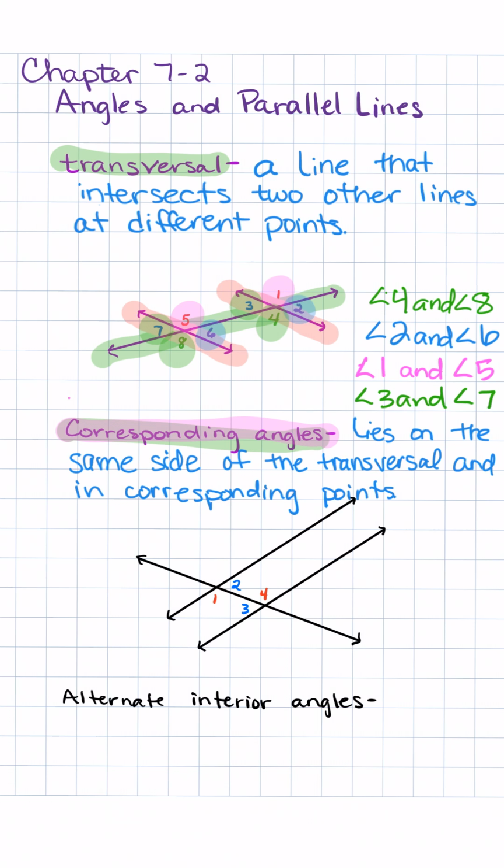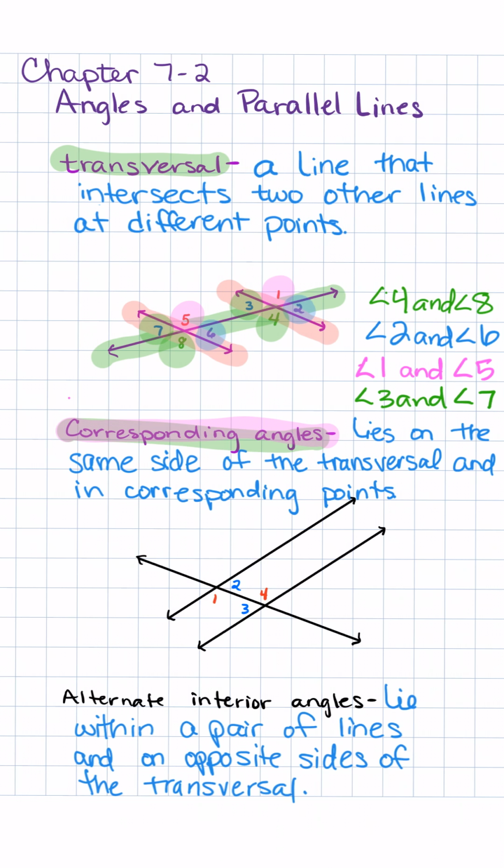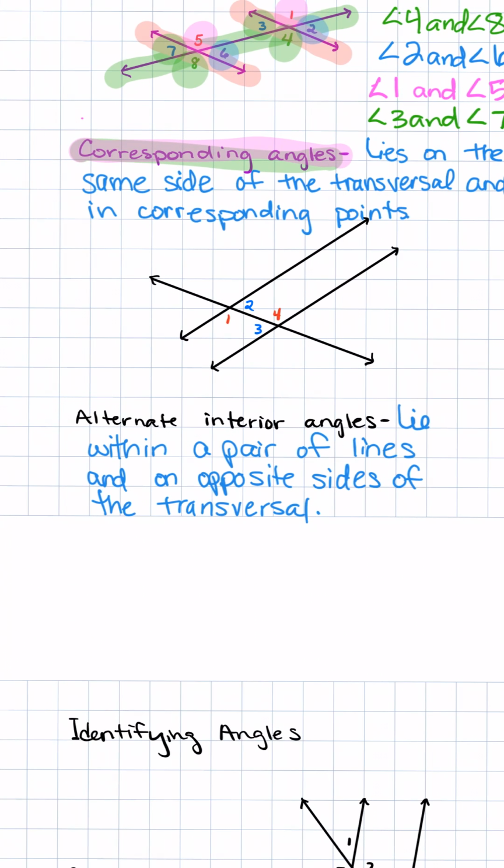However, alternate interior angles lie within a pair of lines and on opposite sides of the transversal. If we look at the diagram above, 1 and 4 are alternate interior angles, and 2 and 3.